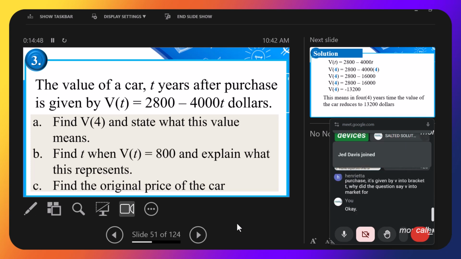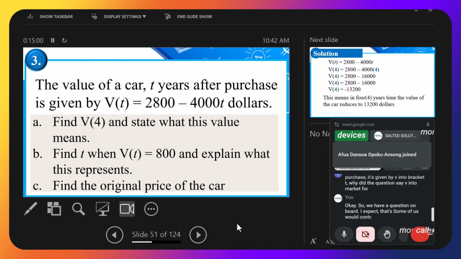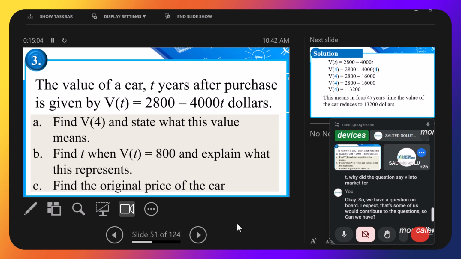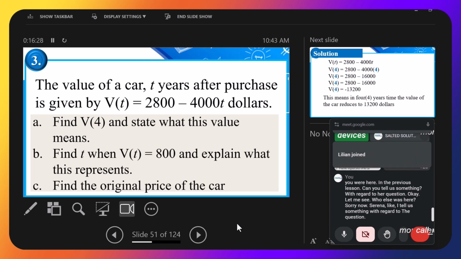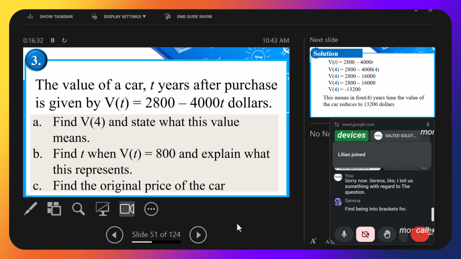So we have a question on board. I expect that some of us would contribute to the question. So can we have someone giving us an explanation? Sorry for that. Find V into bracket 4 and state what this value means.